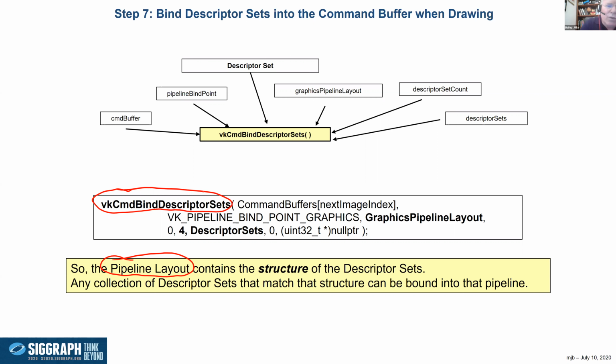First, I would bind one, do some drawing, bind the other, do some drawing. As long as the layout of those descriptor sets is consistent, it doesn't really matter what is in those bits. And so this is also one of the reasons it's done this way.